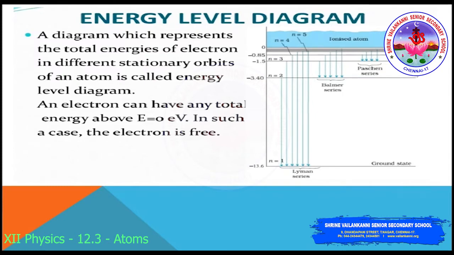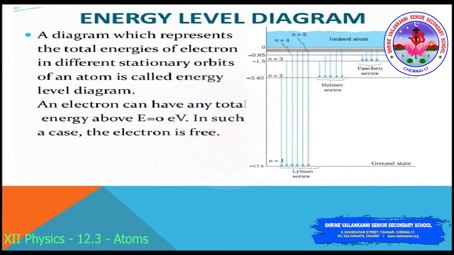In the Lyman series, an electron jumps from a higher energy level to the first level. As we said already, the series lies in the ultraviolet region, and 1 by lambda, which is equal to R within the bracket 1 by 1 square minus 1 by n2 square, right?